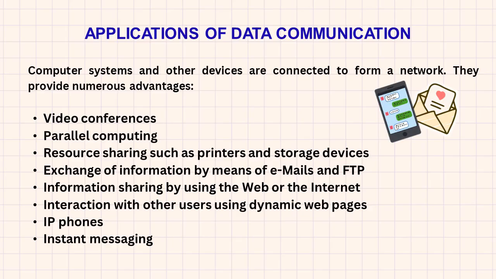IP phones. Phones that use the internet allow people to make calls over data networks instead of traditional phone lines. Instant messaging. Apps like WhatsApp or Messenger let users send text, voice, and video messages instantly.